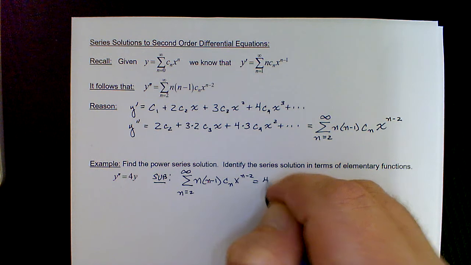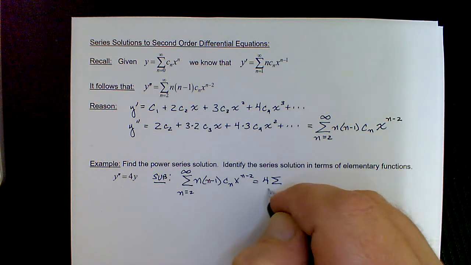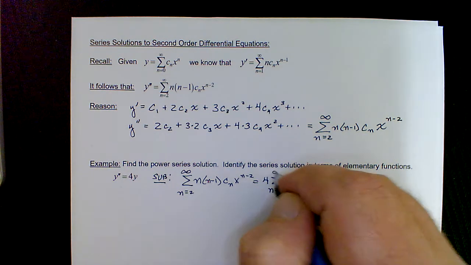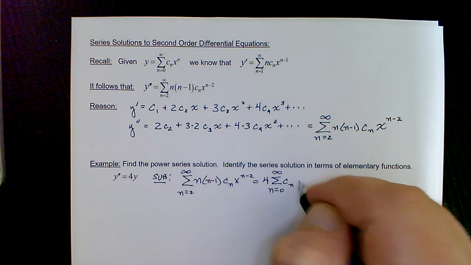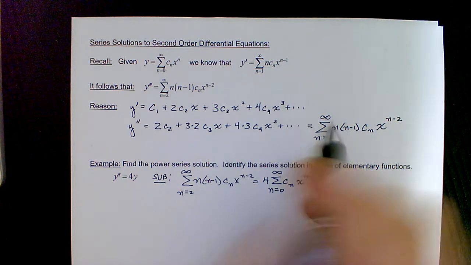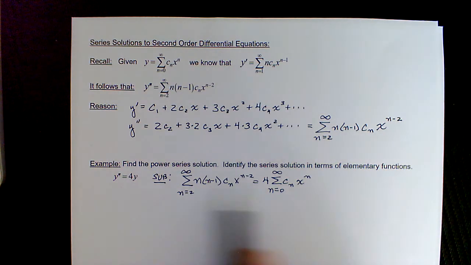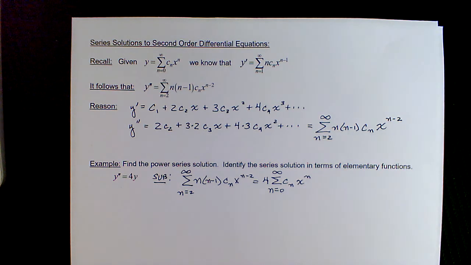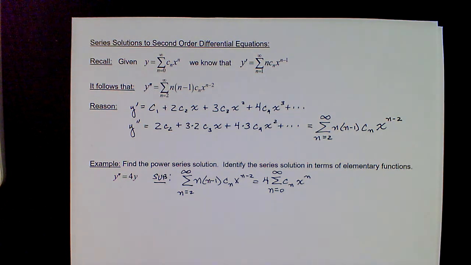And that's equal to 4 times y, which is the sum as n goes from 0 to infinity, c sub n, x to the n. Okay, there's no variables out in front. Last time I saw a variable out in front of one of the sums, and we had to distribute it, but there aren't any. But if there are, pay attention to that and distribute accordingly.